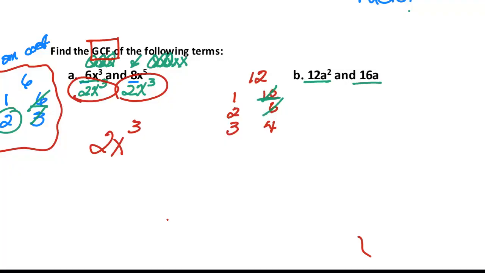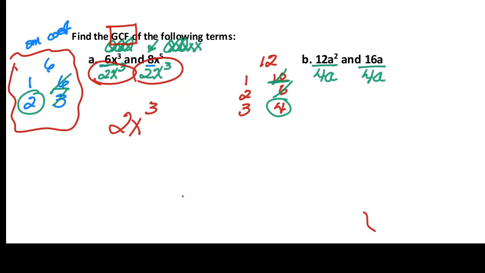No. 4, yes. So I'm going to divide both sides by 4. And I have a squared and a. What's the most that I can take from both? 1a. So that is 4a.